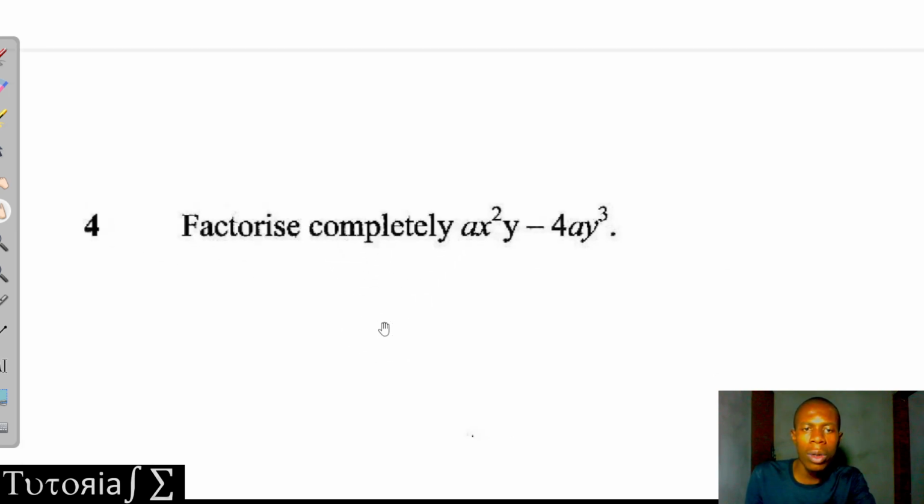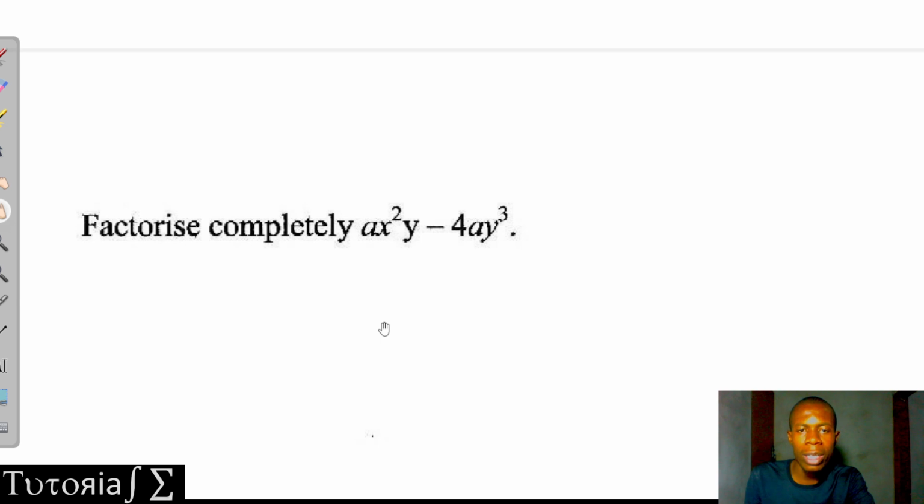factorize completely. Factorize completely. So you factor out common terms. So as you can see here, this is common and that, and we also see the y parts being common, so we can factor out ay out here, so there's no a.